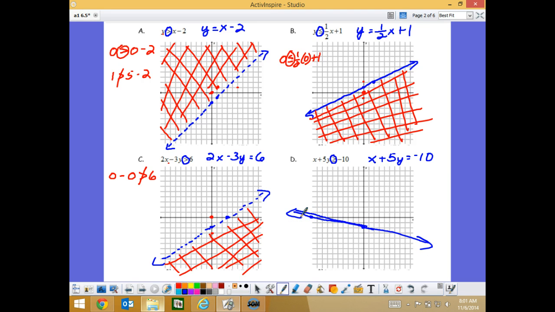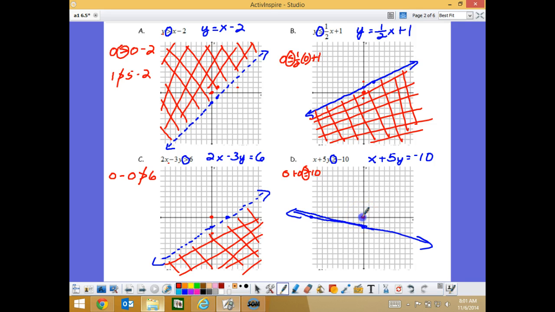That means any point on that line satisfies that inequality, so it makes it true. So then we need to determine which side of that line to shade. Again, this line does not go through the origin, so we're going to choose that. Is 0 plus 0 greater than or equal to -10? The answer is yes.